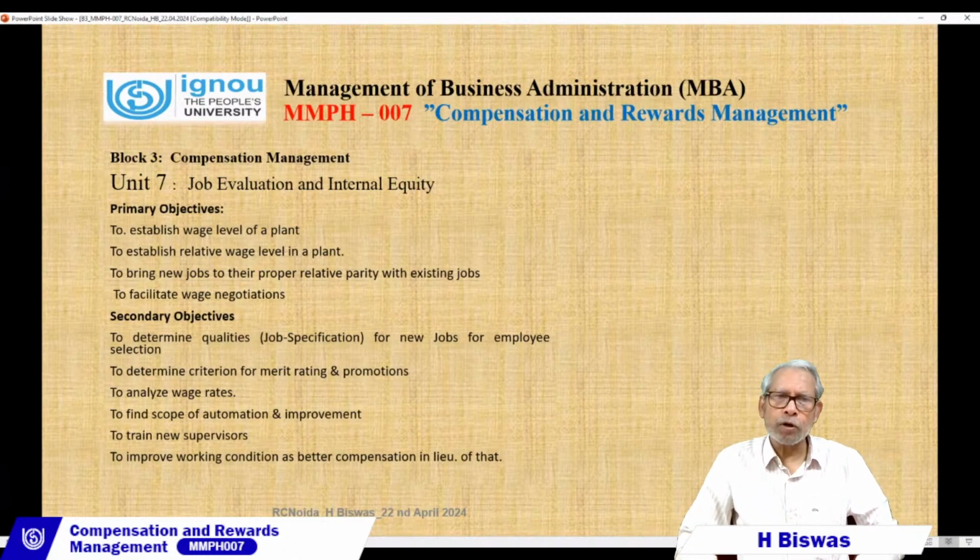Find the scope for automation and improvement, because innovations and creations are for automation purposes, and promotion also has to be determined and kept in mind.